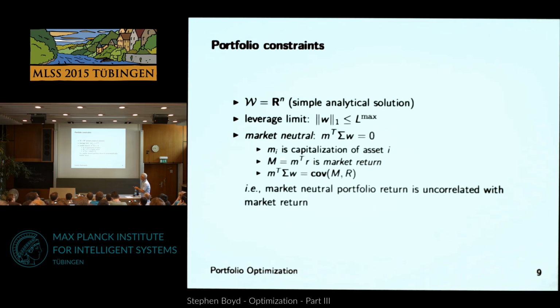If I have a vector M, which is the vector of the market total capitalizations of all the assets, then if you take M transpose sigma W, that's the covariance between the market return and your actual portfolio return, right? And so if you make that zero, that means you don't have to worry about what the market did that day, right? You have a question?